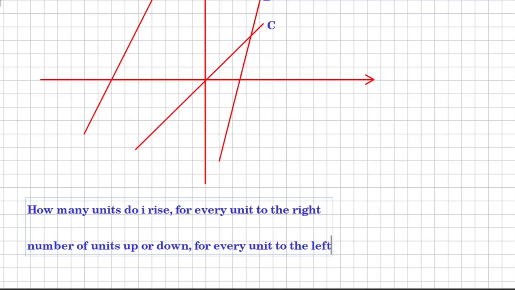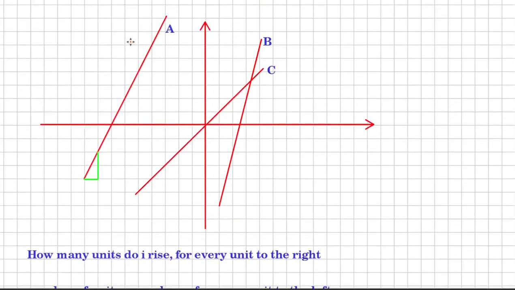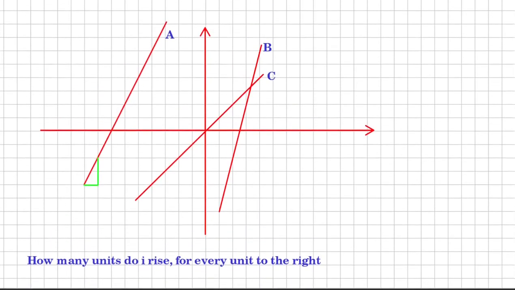Now let's go and calculate that, just by counting the number of squares you go up for every unit to the right. Let's check this. For this line here, line A, I move 1 unit to the right and then go 2 units up. So for every 1 unit across I'm going 2 units up.